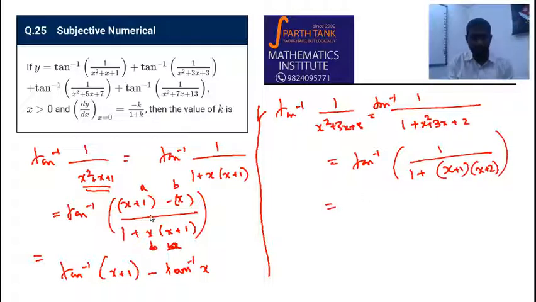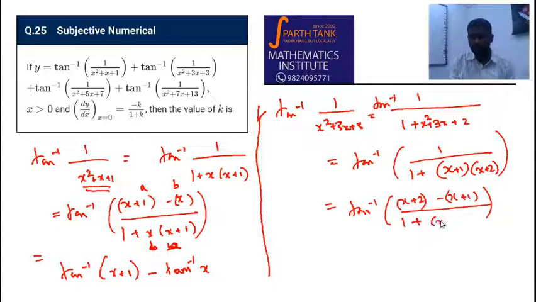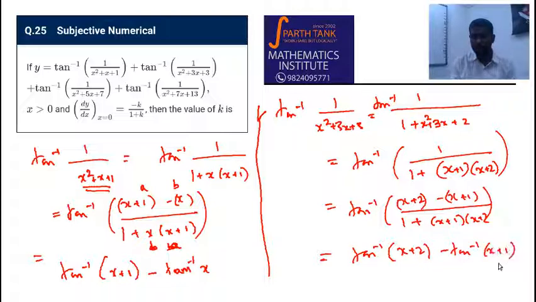So the same thing you do in the numerator, you put x plus 2 minus x plus 1, which is also 1. So this will become tan inverse of x plus 2 minus tan inverse of x plus 1. Okay. So same way, this will become tan inverse of x plus 3 minus x plus 2. This is tan inverse of x plus 4 minus x plus 3. You can prove all that.